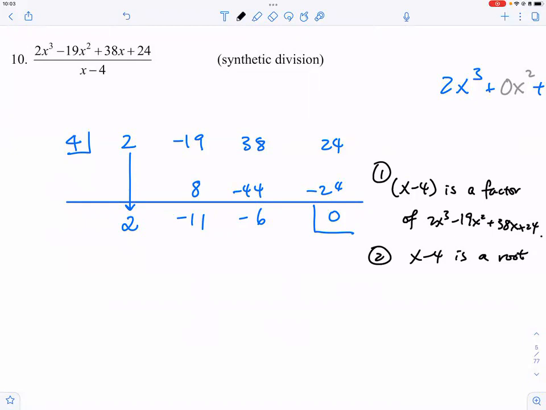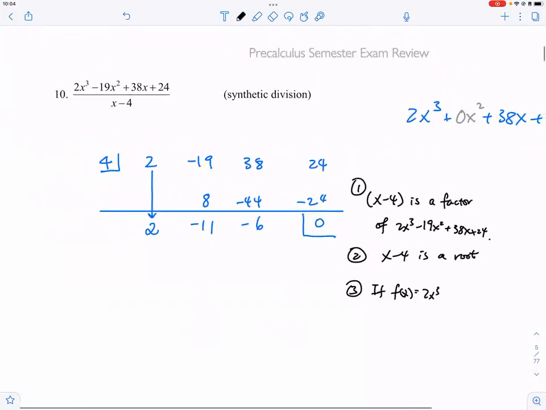And then there's another thing to find out, which is that, oh, if that is the case, if you focus on just the numerator, that cubic polynomial, okay, if you just focus on that part, so if f of x is equal to just the numerator, 2x cubed minus 19x squared plus 38x plus 24, then f of 4 is equal to 0.